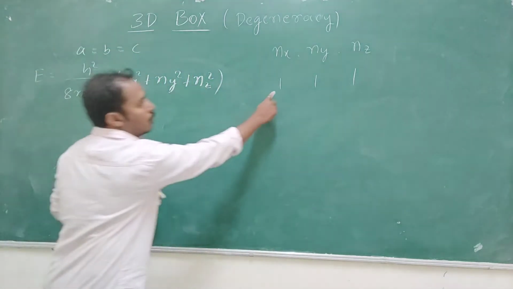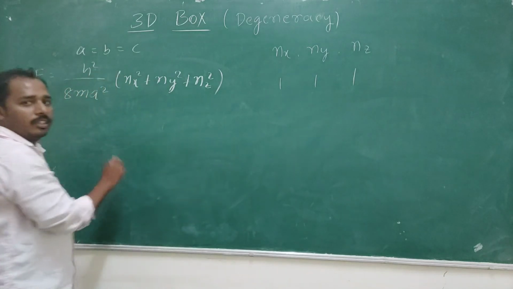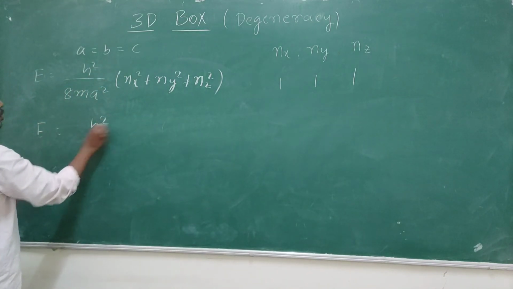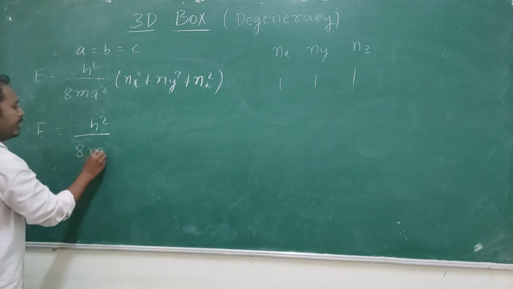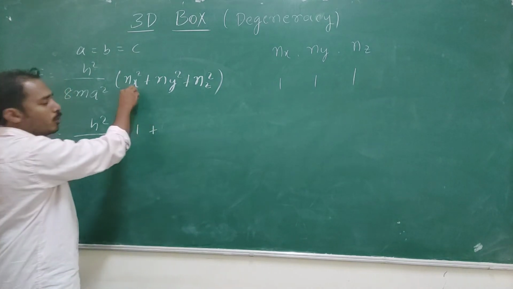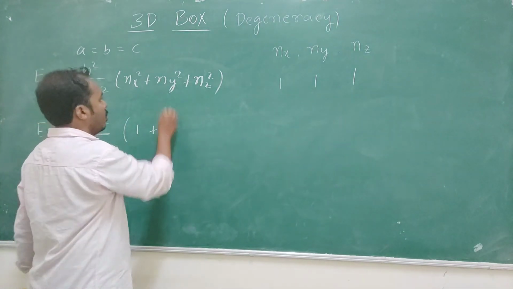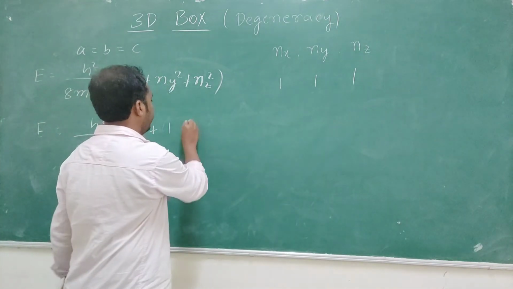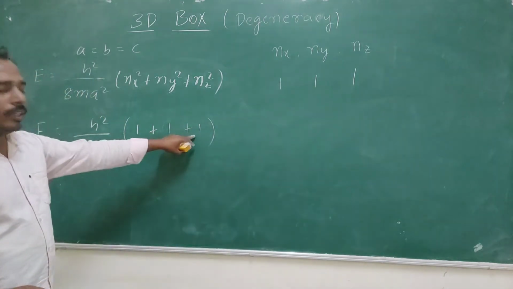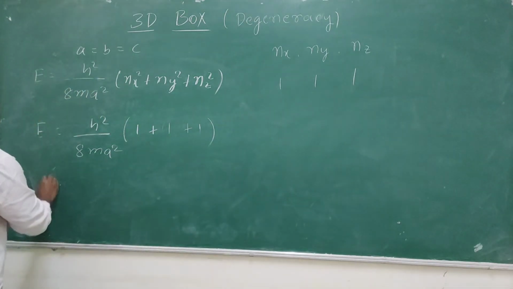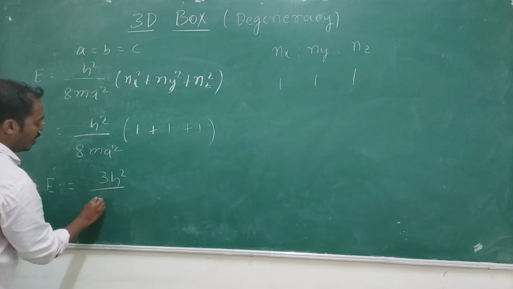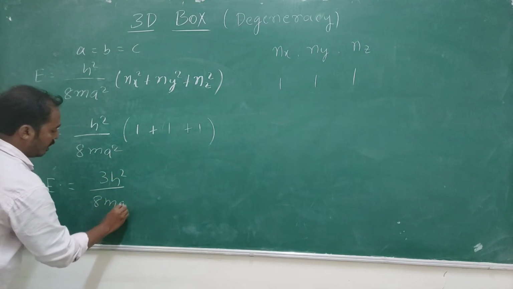Okay, substitute 1, 1, 1 in this equation. We use E equal to h square divided by 8 m a square times nx square plus ny square plus nz square. 1 square is equal to 1, so 1 plus 1 plus 1 is 3. So E is equal to 3h square divided by 8 m a square.